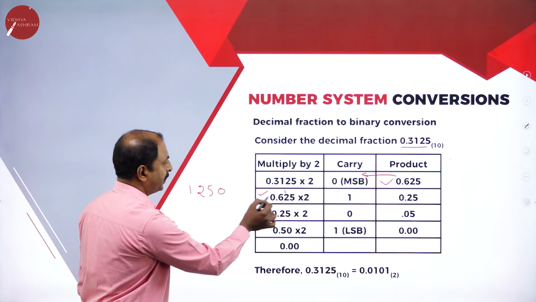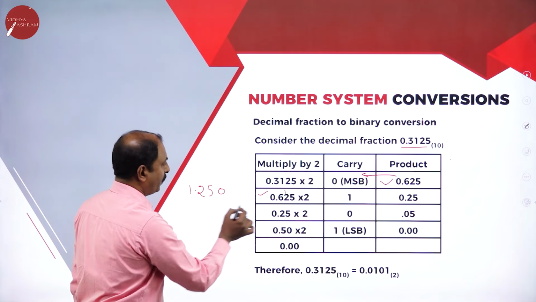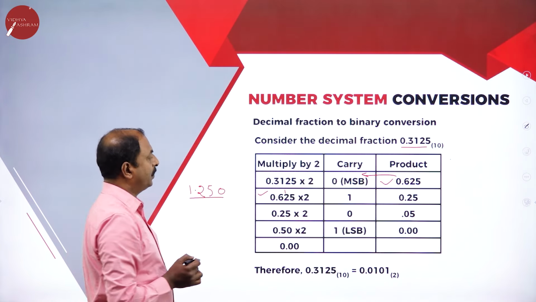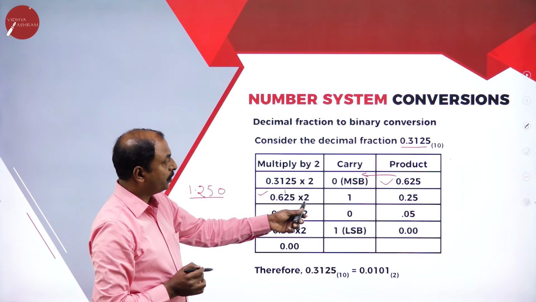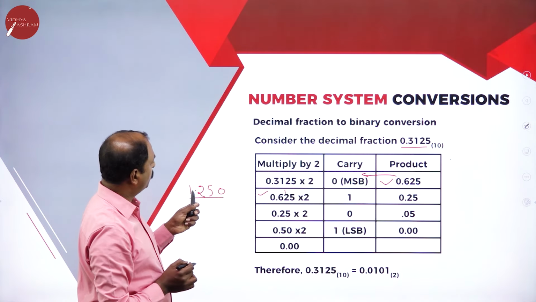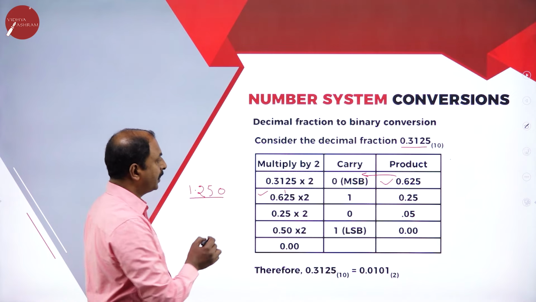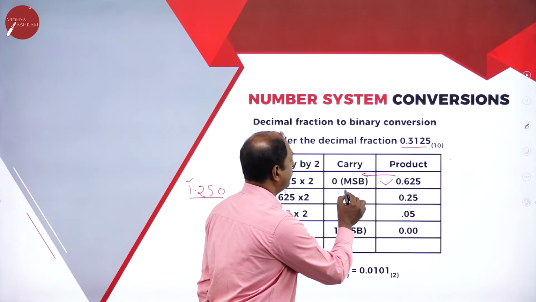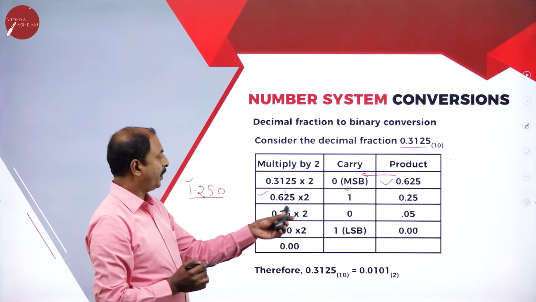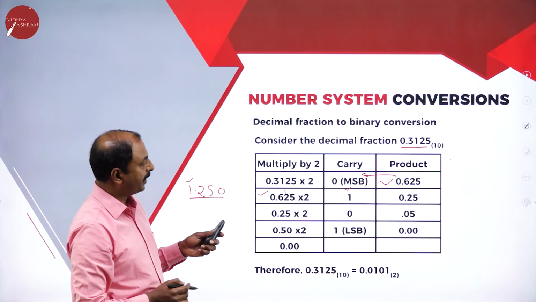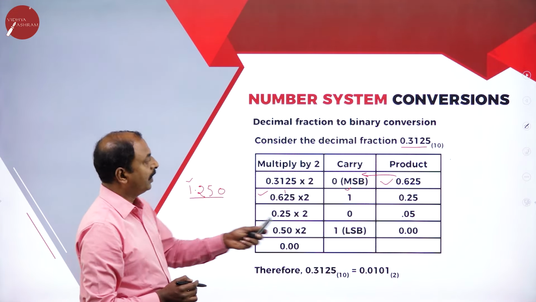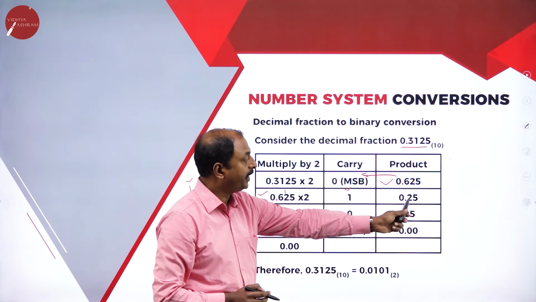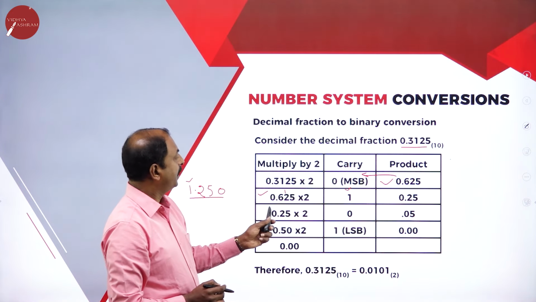So here 0 point is here. When you multiply 0.625 into 2, you will get 1.250. So this 1 we are going to store as a carry. Similarly, we multiply only 0.25 by 2.